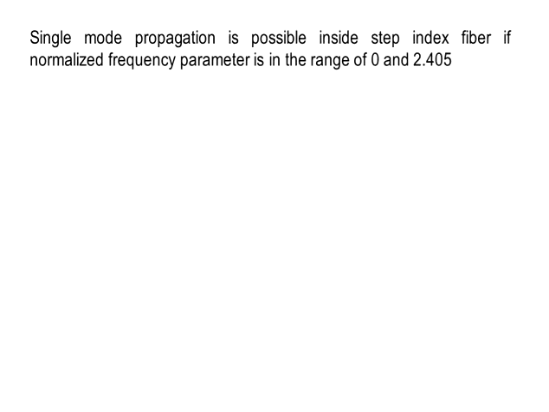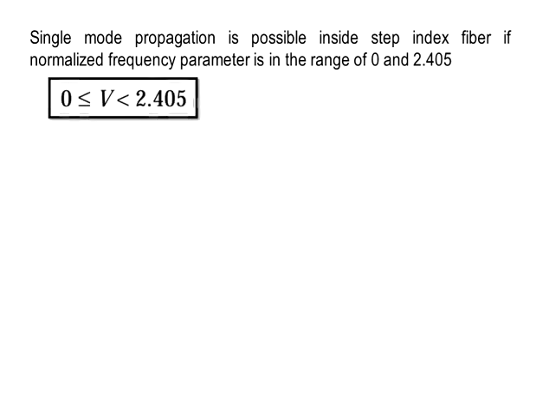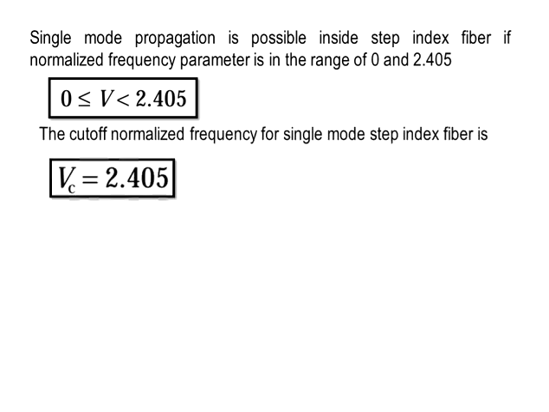So again we can define these two terms. For single mode operation, the range of the normalized frequency parameter is only from 0 to 2.405. So if V is between 0 and 2.405, the fiber becomes a single mode fiber, and the value V equal to 2.405 is called the cutoff normalized frequency for single mode fiber.